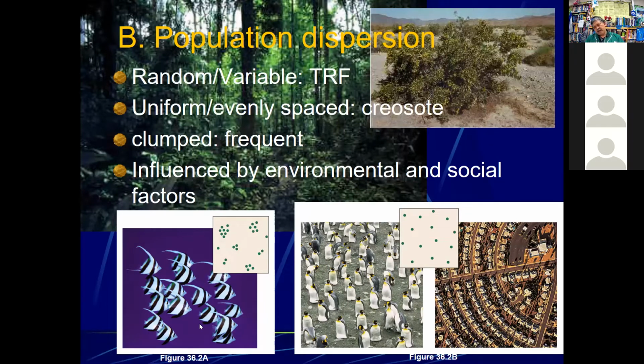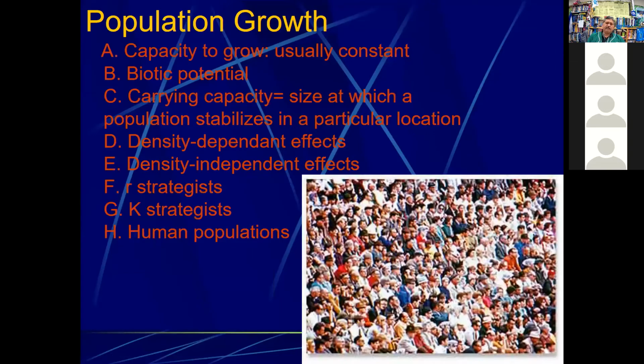Here are some angelfish, and these guys are distributed in a clumped kind of way, and that is not just people, but fish, not just fish, but plants and bacteria. All these different types of populations follow the same structure.